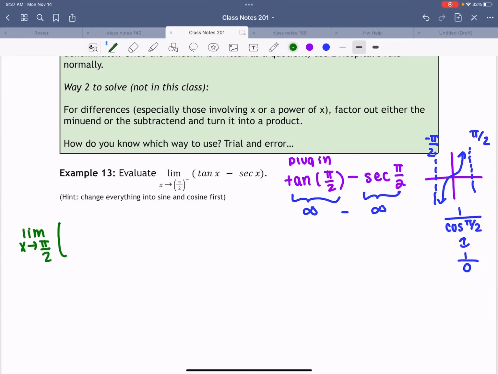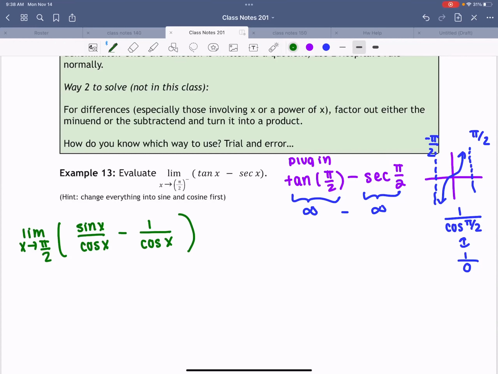What's tangent in terms of sine and cosine? Sine over cosine. And what's secant in terms of sine and cosine? 1 over cosine, right? Remembering our trig identities, we called them the reciprocal identities: secant is 1 over cosine and tangent is sine over cosine.